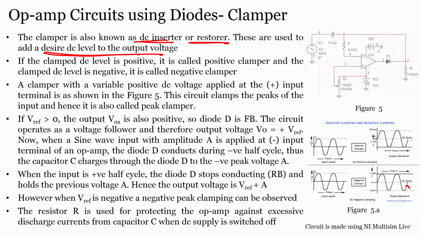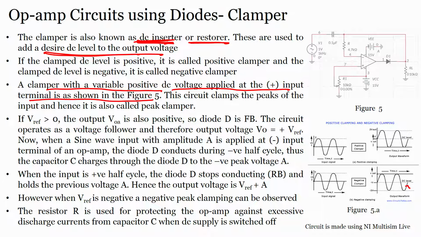That is why it is also called a DC inserter. Next is a clamper with a variable positive DC voltage applied at the non inverting terminal.